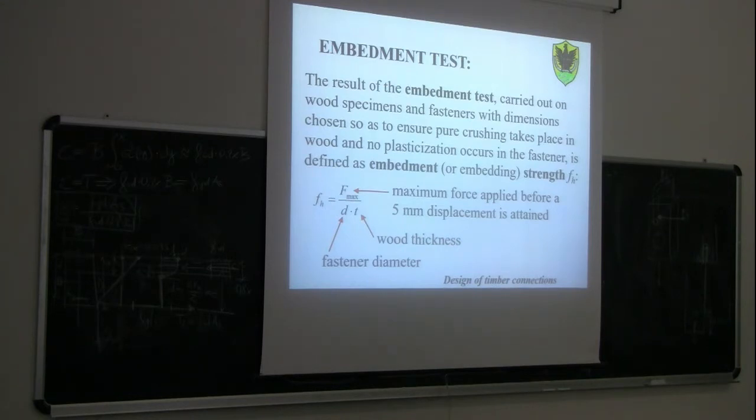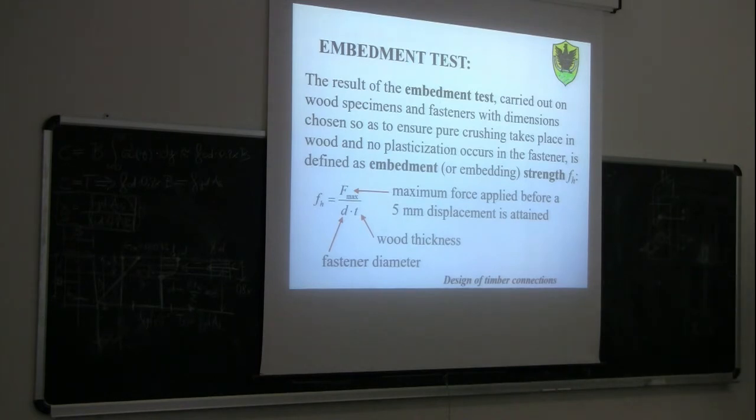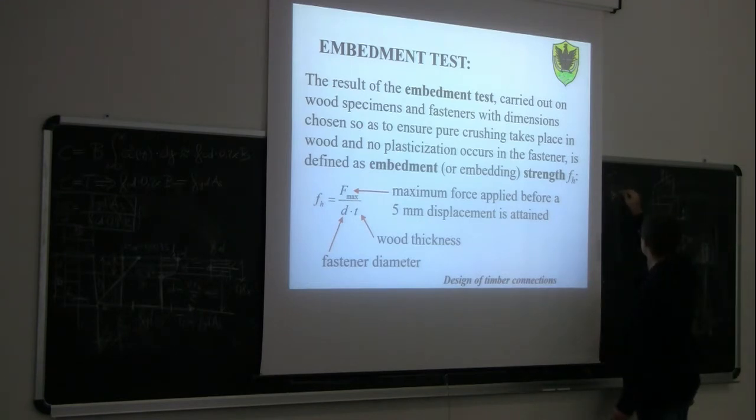Basically, if this is the hole, this would be this surface here. This would be d, and this would be t, the thickness of the member. So fh is F max divided by d times t.